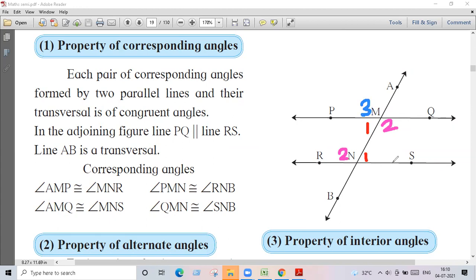Third pair, PMA and BNS. Then the fourth one, AMQ and BNR. So here also you get four pairs, two interior alternate angles and two exterior alternate angles.